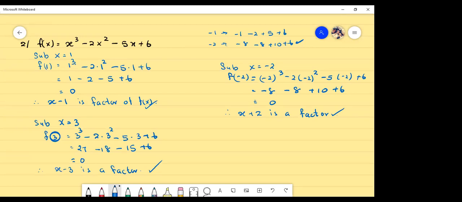Okay, make the corrections, hurry up, and I will explain method number 2, because there is another method. Get these factors, then we can use long division and get the remaining factors. That method we need to use in the questions.